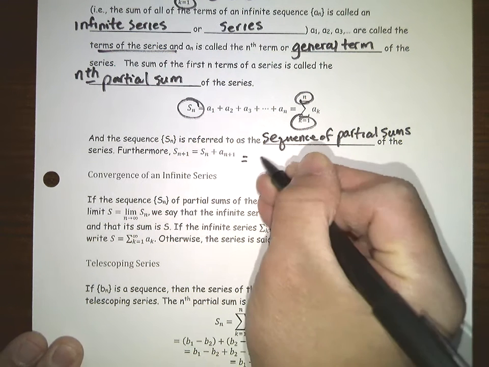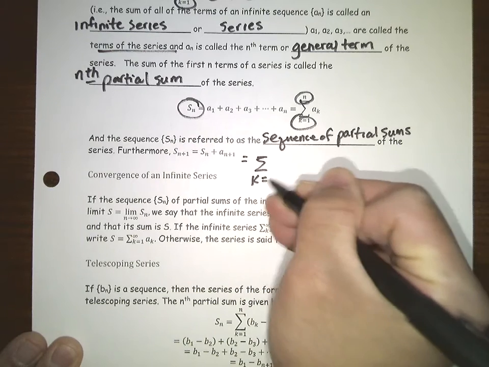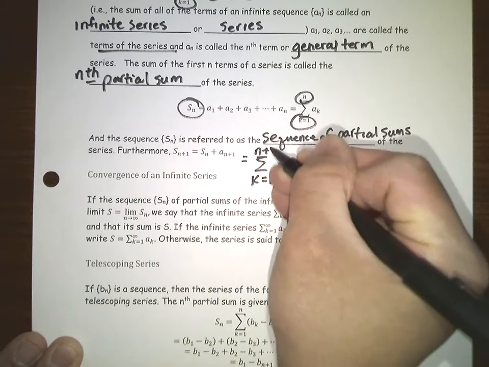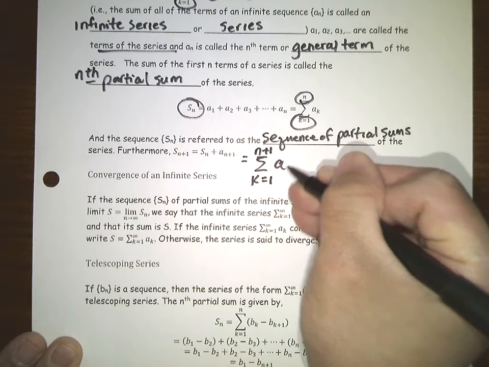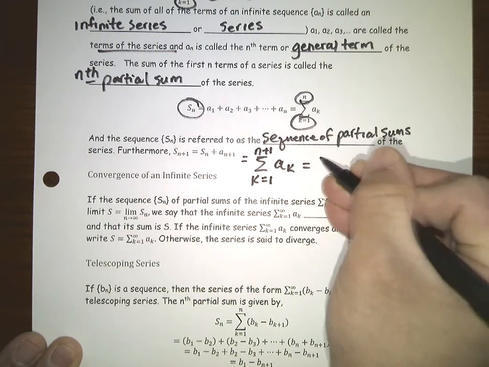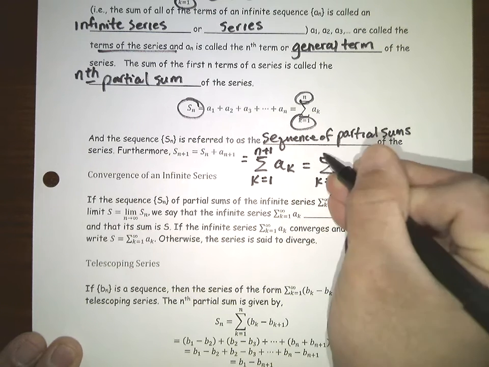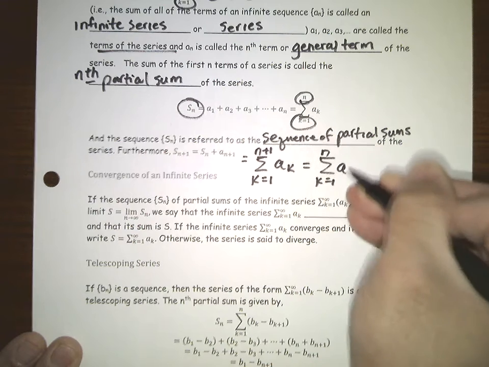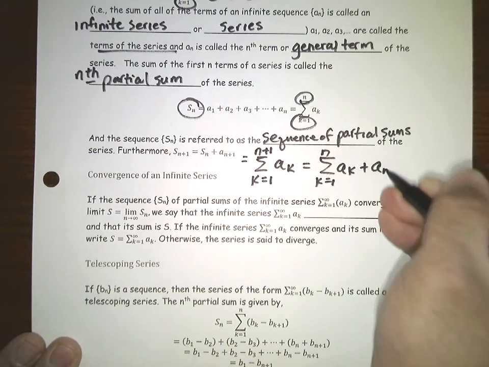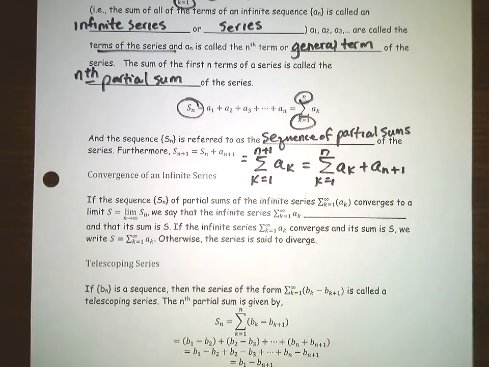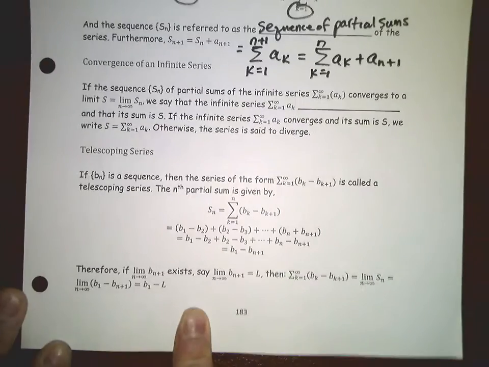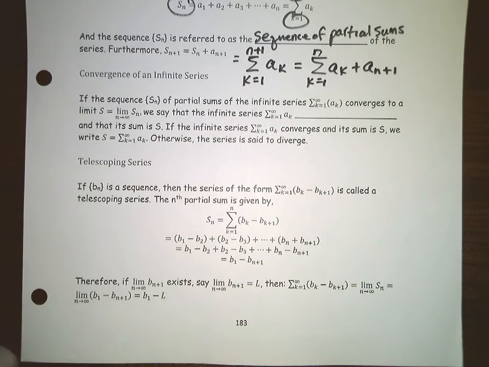In other words, the sum from k equals 1 to n plus 1 of ak is equal to the sum from k equals 1 to n of ak plus an plus 1. So you're just adding one more term on.